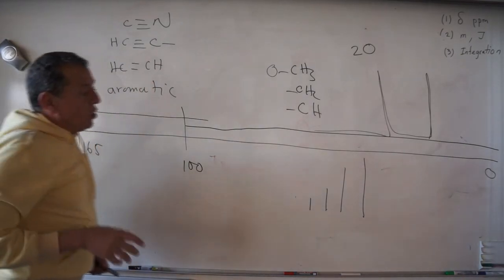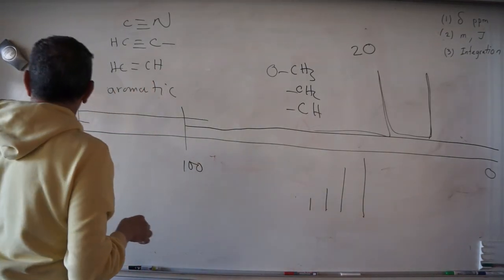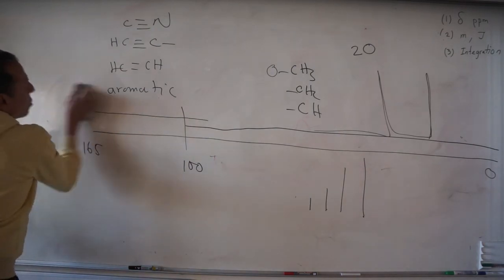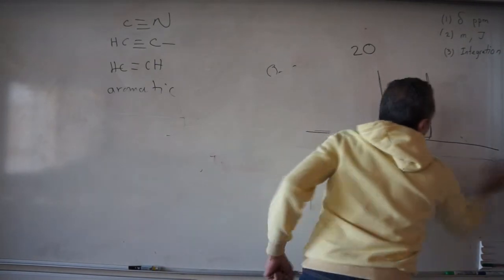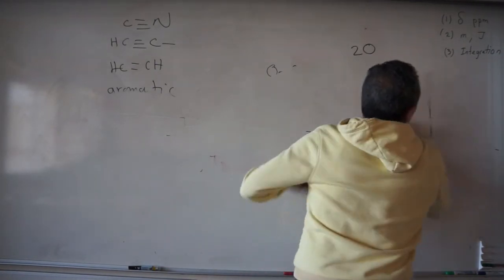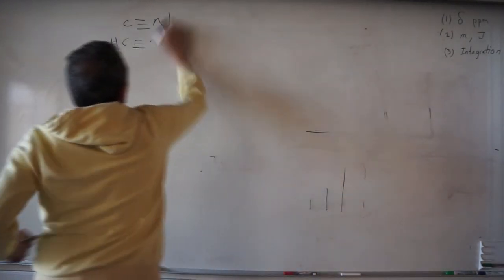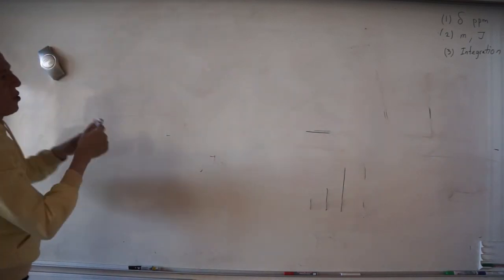There is another carbon 13 technique which is very useful in the interpretation, and we call it DEPT. DEPT means distortionless enhancement by polarization transfer. This DEPT classifies the carbons, and it will help you for structure elucidation.